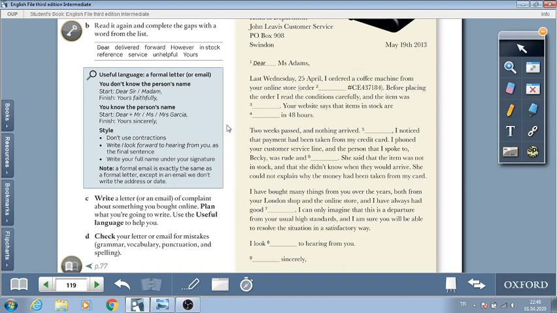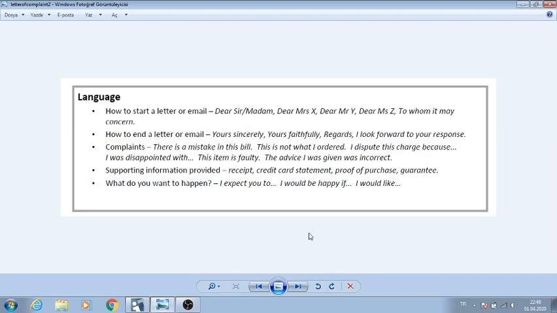You see some useful language part in your book. And let's look at another language use about letter of complaint. Now, letters of complaint are formal letters. So we should start the letter, or it can be an email too, with these phrases: dear sir or madam.